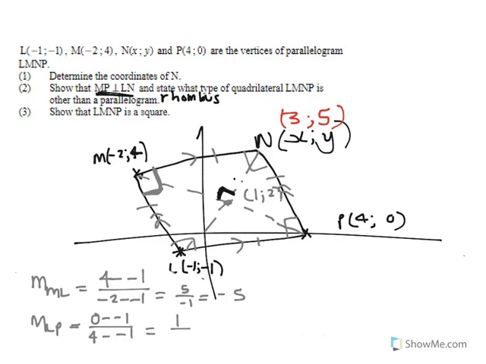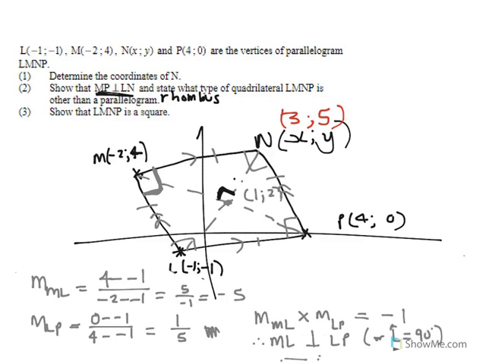So that would be positive 1 over positive 5, right? And you'll see that they are negated reciprocals of each other. The gradient of ML times the gradient of LP is indeed equal to negative 1. Therefore, ML is perpendicular to LP, or you can say that L is equal to 90 degrees, and therefore LMNP is a square.